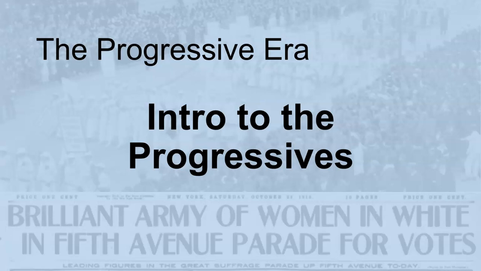And so starting around 1890, there was a desire for reform that took hold within the United States. Not everybody would have been interested in this reform, but enough people were that by the time you get to 1900, there is a groundswell of support within the country for what is going to be called the Progressive Era.